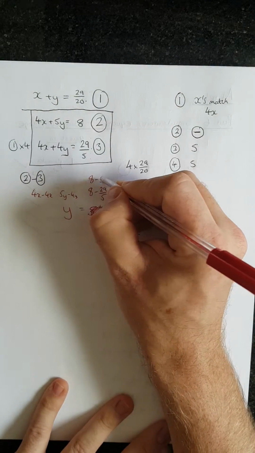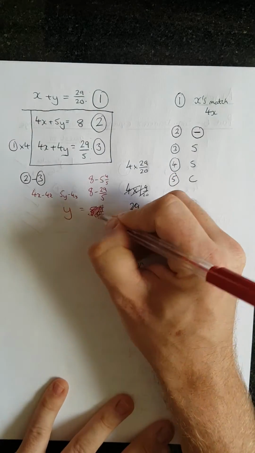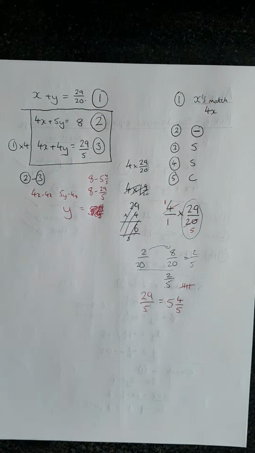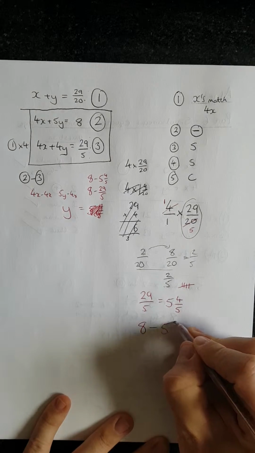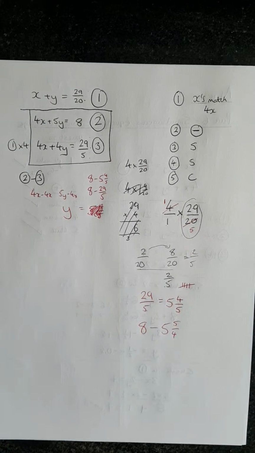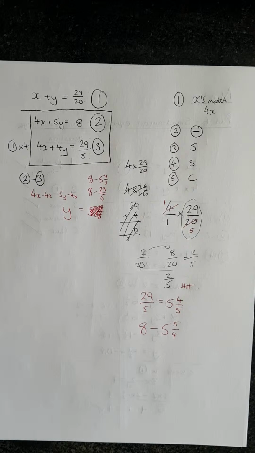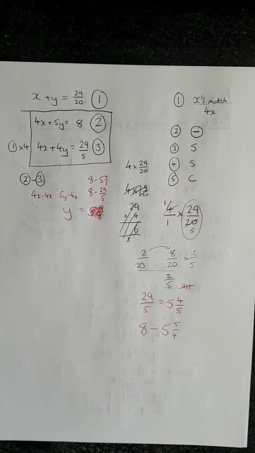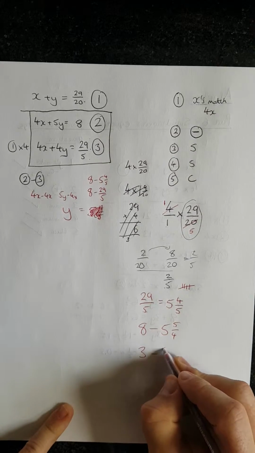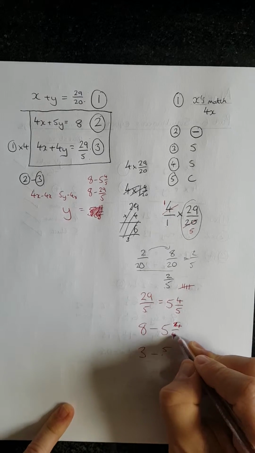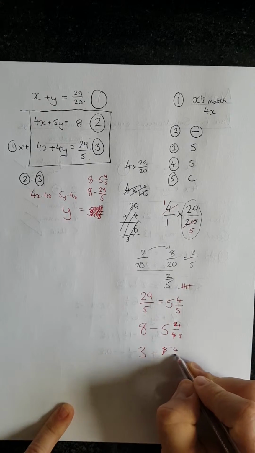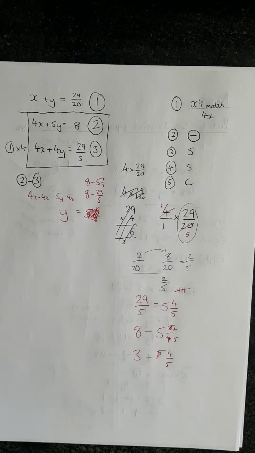8 take away 5 and 4/5. That's not the answer, that's the sum. So 8 take away 5 and 4/5. So 8 take away 5 will give me 3 take away, apologies there, 4/5.